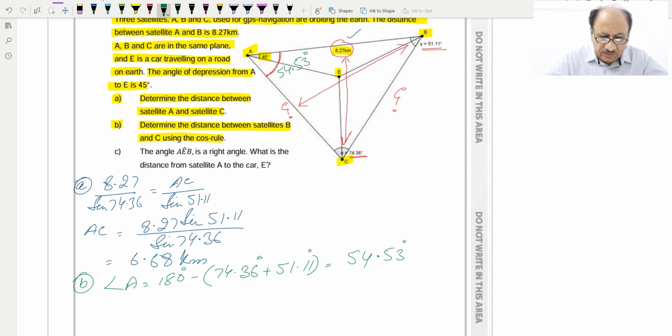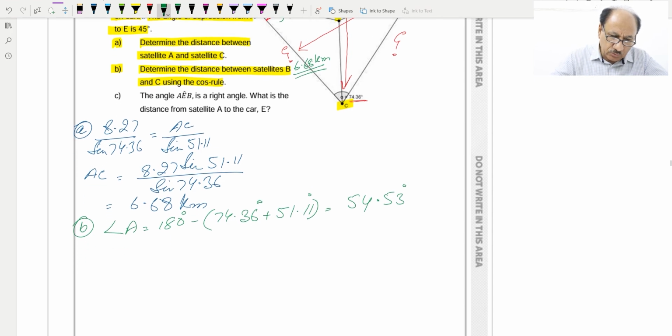After finding this angle, we already found this length, which is 6.68 kilometers. Now we have this length, we have this length also, AB, and we have all the three angles. So now we can apply the cosine rule. What is the cosine rule?